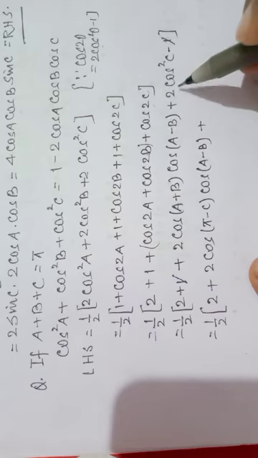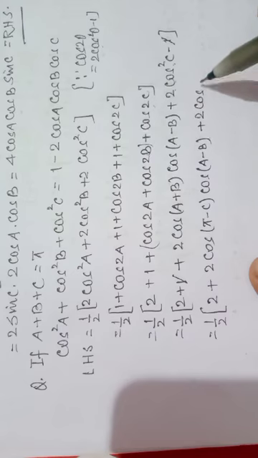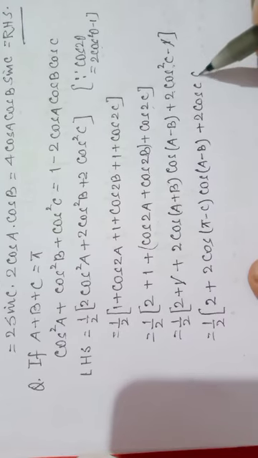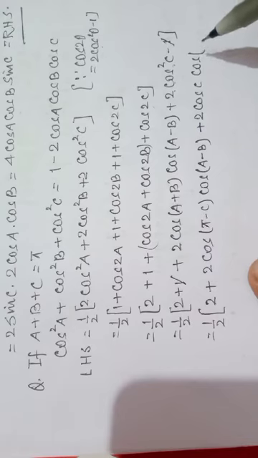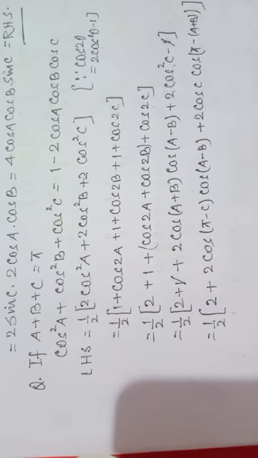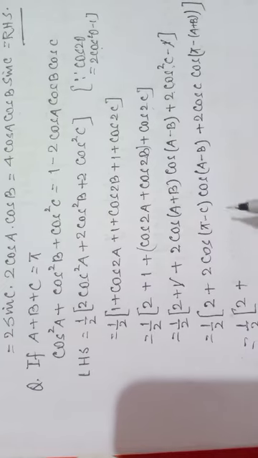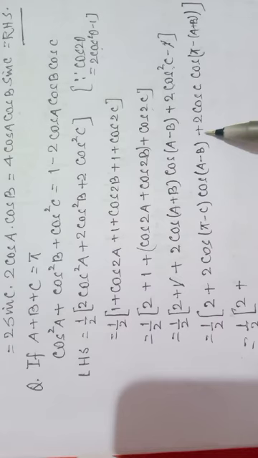Here 2 cos is there, so cos c remains the same, and another is cos (pi minus a plus b), because a plus b plus c is equal to pi. In the next step, between these two terms, cos (pi minus c) is minus cos c, and cos (pi minus a plus b) becomes minus cos (a plus b).